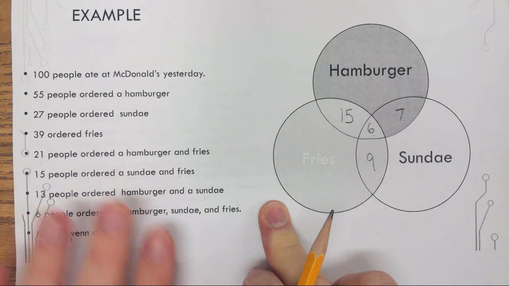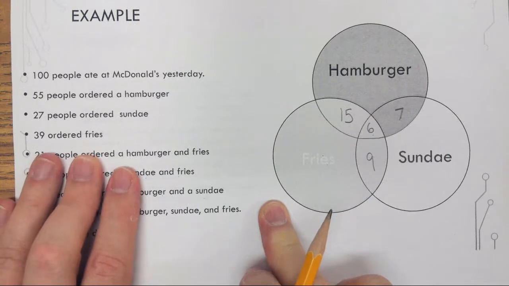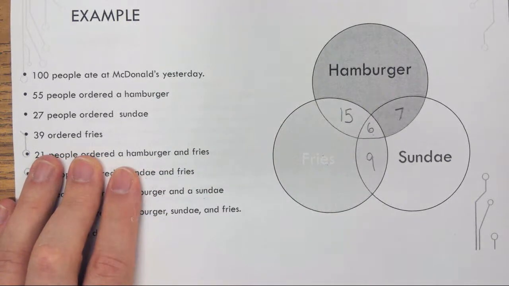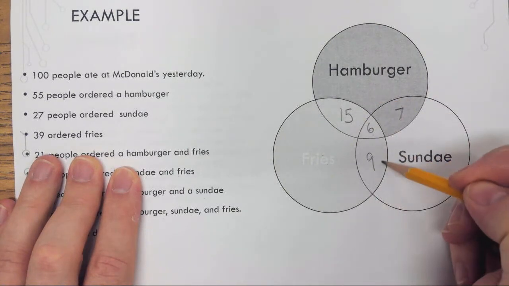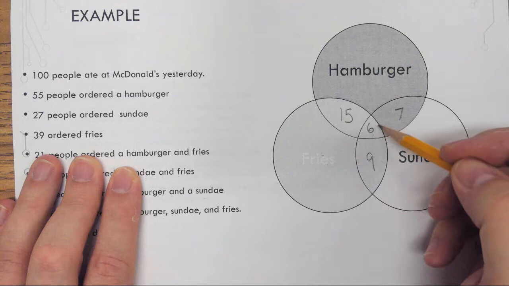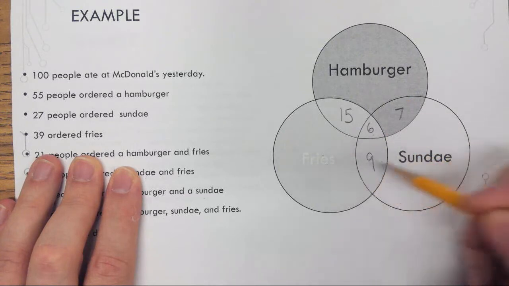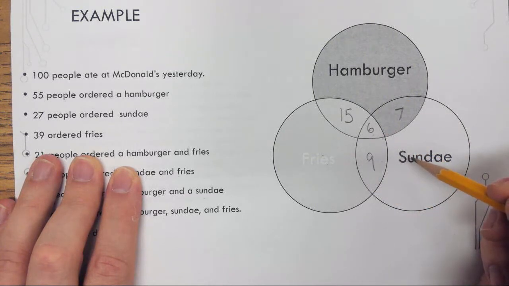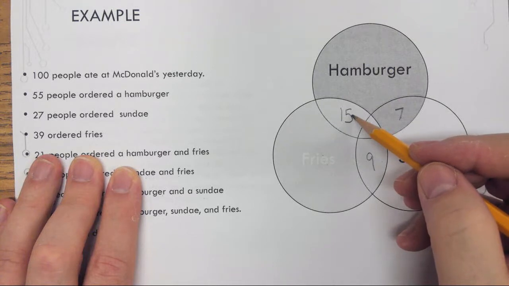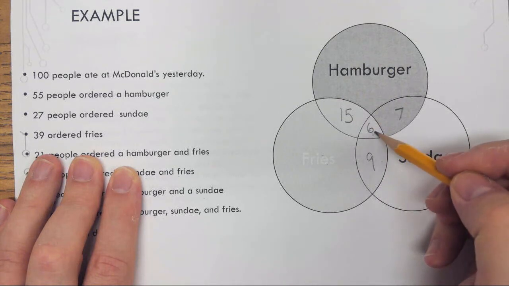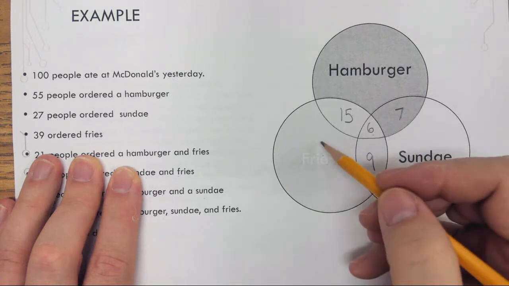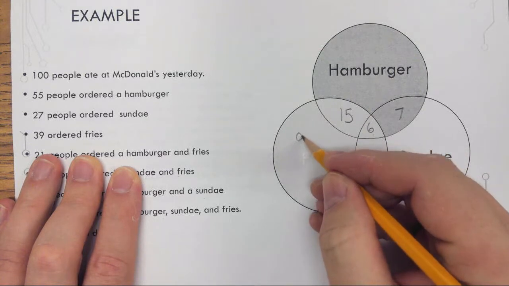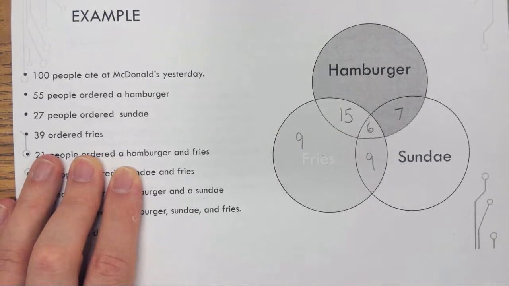I know that 39 people ordered fries. Of those 39, 15 ordered a hamburger with it as well, 9 ordered a sundae, and 6 ordered a hamburger and sundae with the fries. So what I'm going to do is I'm going to do 15 plus 6 plus 9, that's 30, and I'm going to be able to determine that 9 people ordered fries.